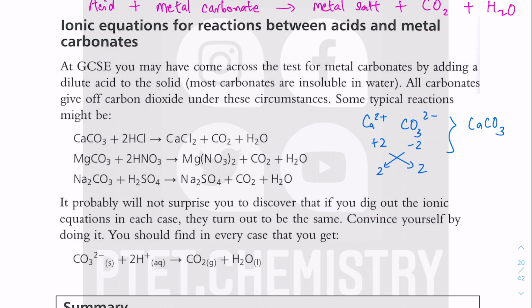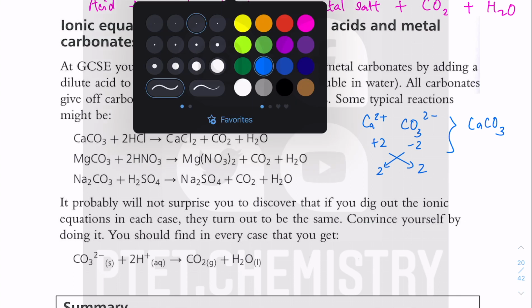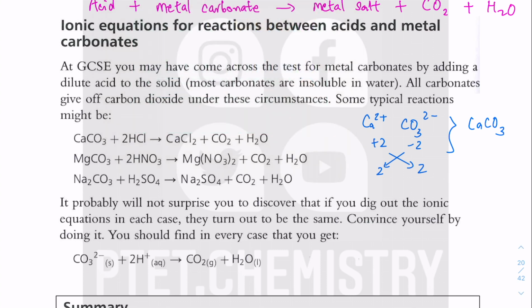The question now is, why is it 1 to 1? Because this can be simplified further into the simplest whole number ratio, which is 1:1. You can divide by 2 throughout, and now 1 to 1 means 1 of the calcium 2+ and 1 of the CO3 2-, giving you the formula CaCO3.